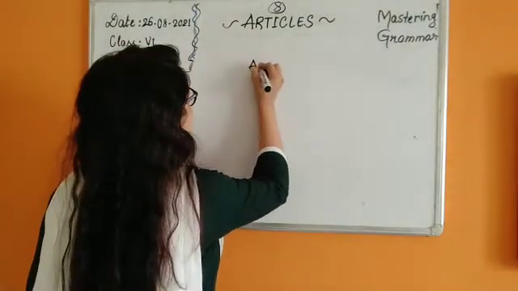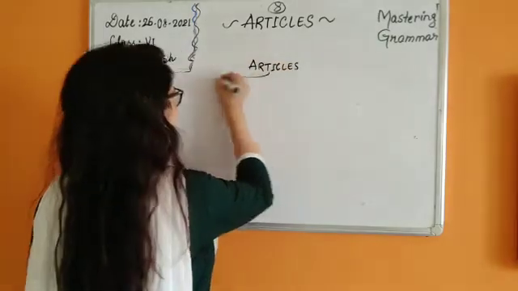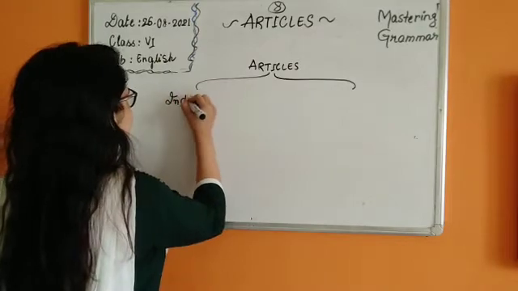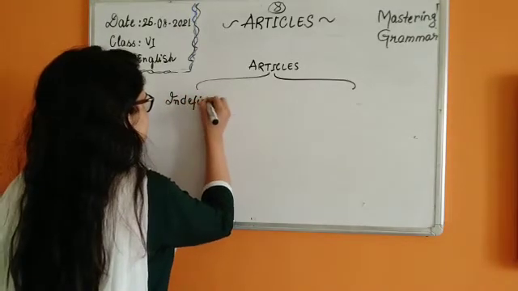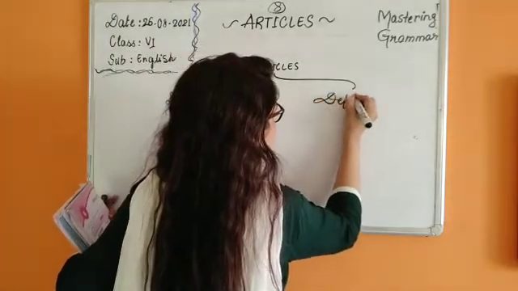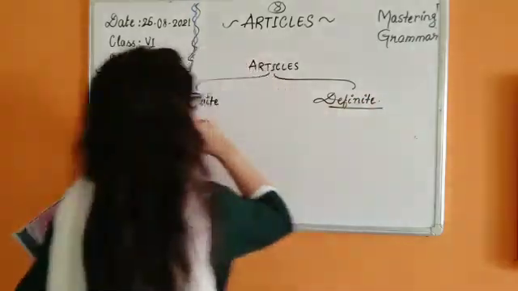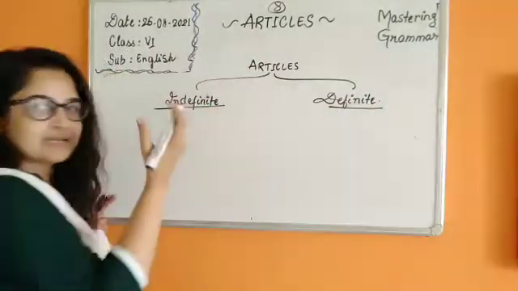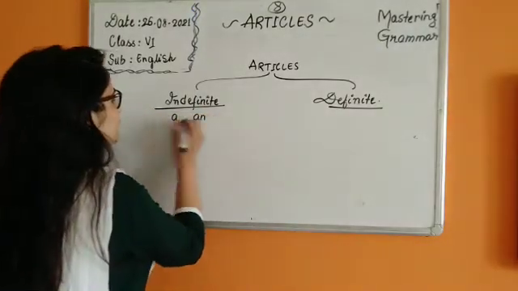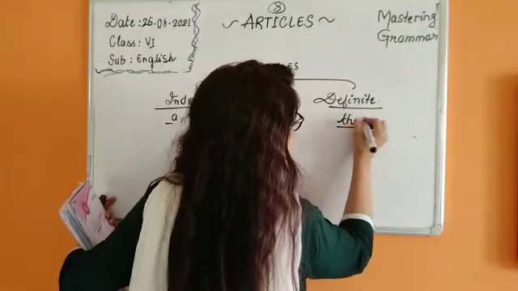Articles are categorized into 2 kinds: one is the indefinite article, and the other one is the definite article. A and an will be in the indefinite and the will be in the definite.